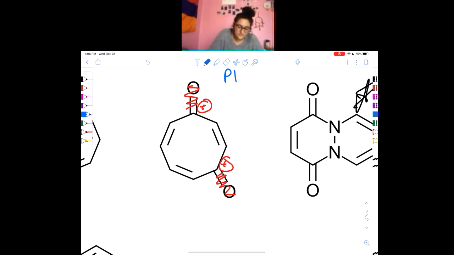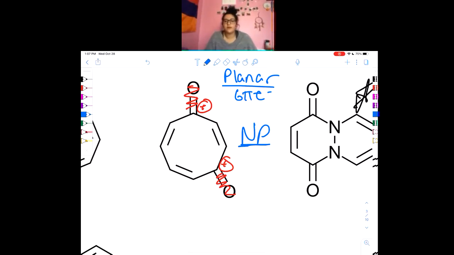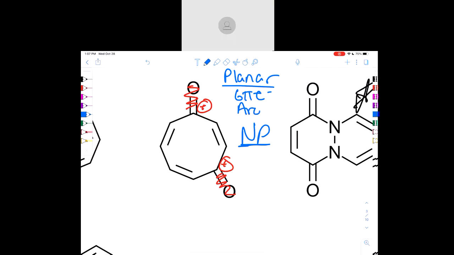So if it decides to be planar, so stay flat, it would be cyclic, planar, fully conjugated, and 2, 4, 6 pi electrons. And so 6 pi electrons would make what? Aromatic, anti-aromatic, not aromatic. What do you guys think? Aromatic. Cool.